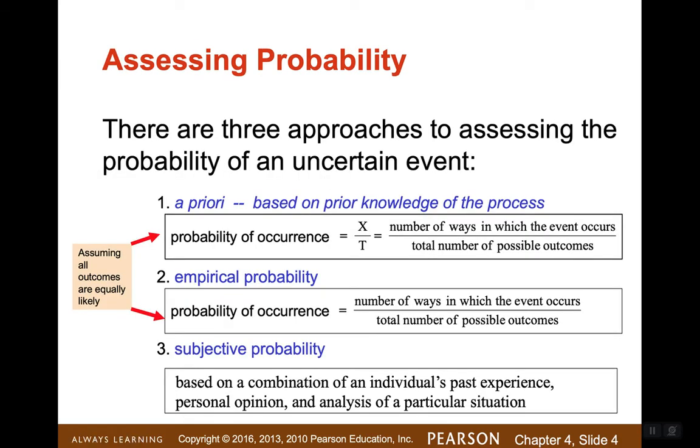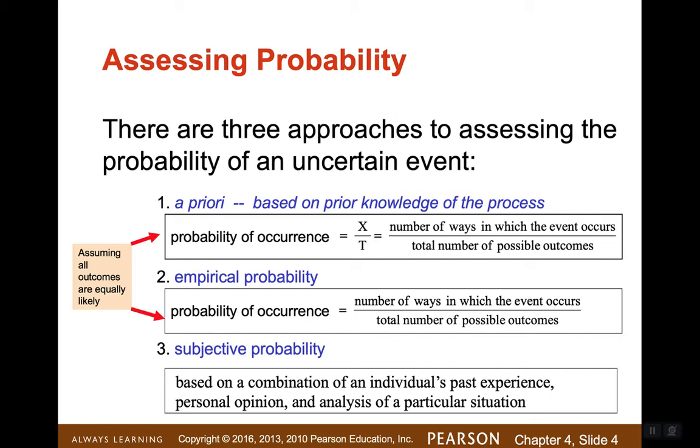So there are a couple of different types of probability, a couple of different approaches. We're looking at trying to assess the probability of a specific uncertain event. The first one is something we call a priori, and it's based upon prior knowledge of the process.